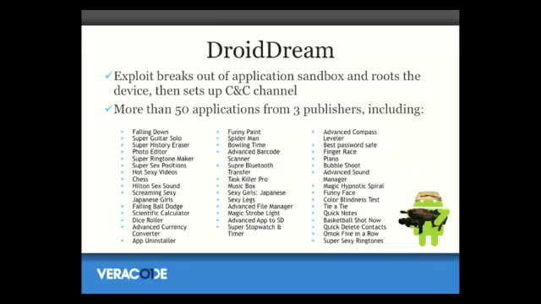Droid Dream was probably the most famous piece of Android malware. I think it affected about 250,000 users over a few days before it was found. They repackaged 50 bogus applications and put them in the Android App Store. Essentially, it used Android jailbreak code to escalate privileges and then install command and control and turn all the victims into a botnet.